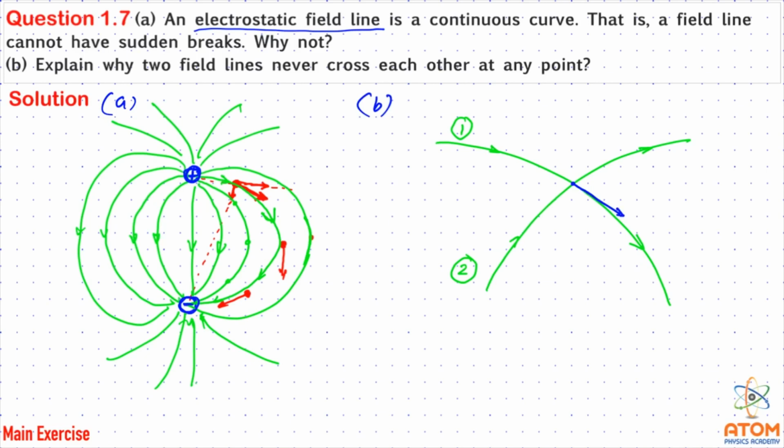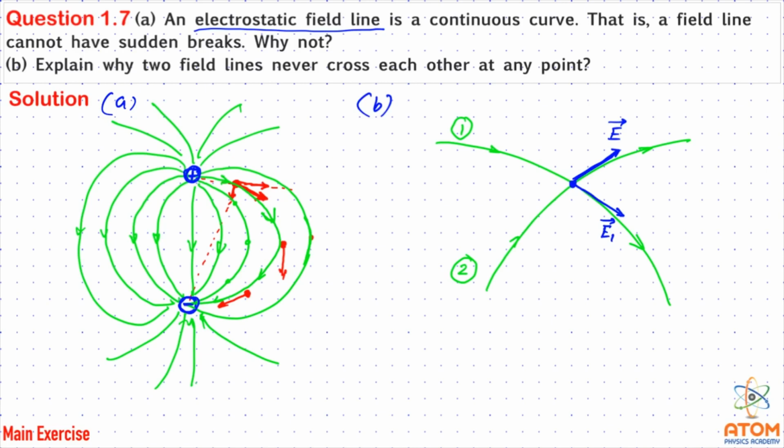So according to this first field line, the tangent comes in this direction. But according to the second field line, if I draw, then the tangent comes in this direction here. That means due to the second field line, the electric field direction, and due to the first field line, the electric field direction are not the same.